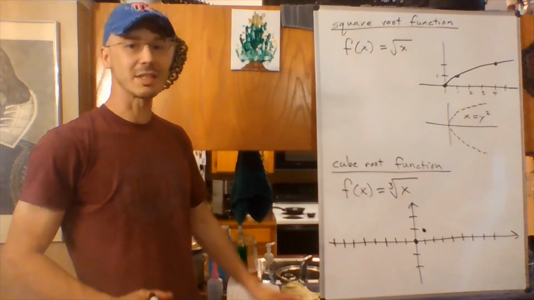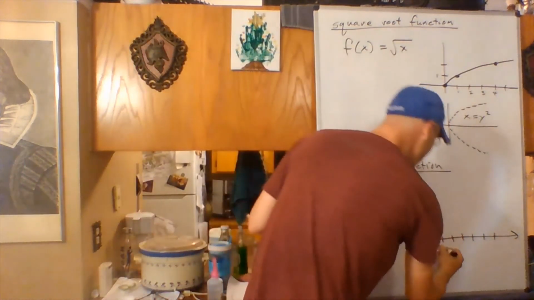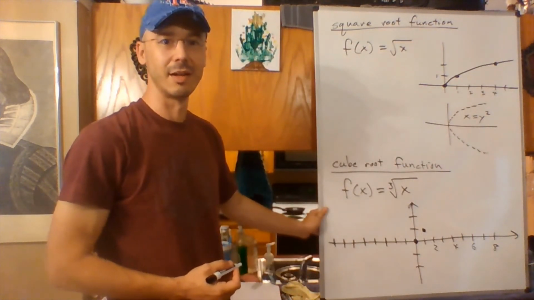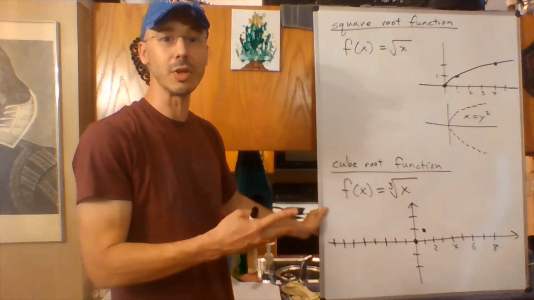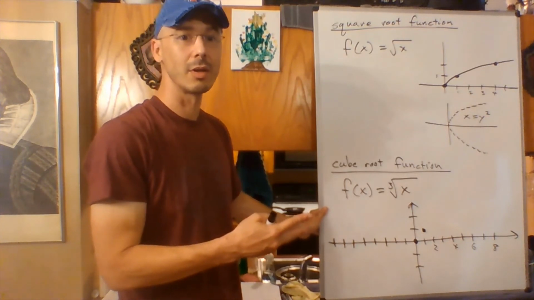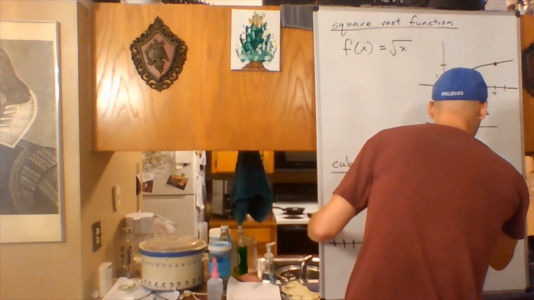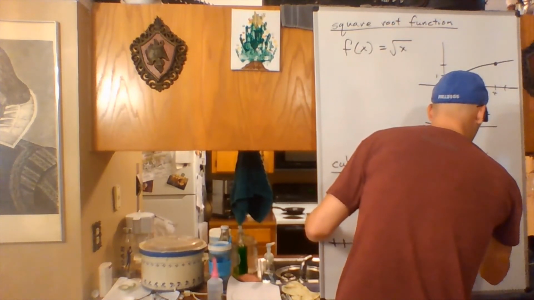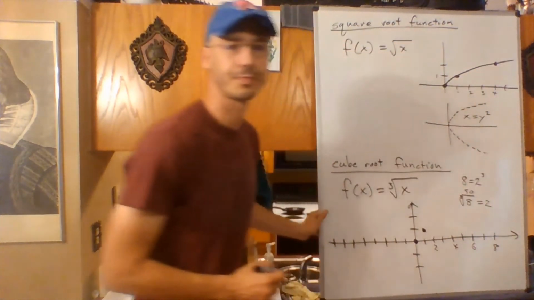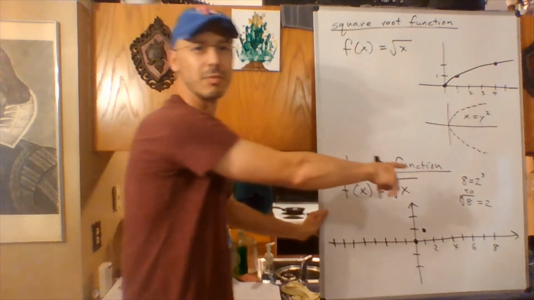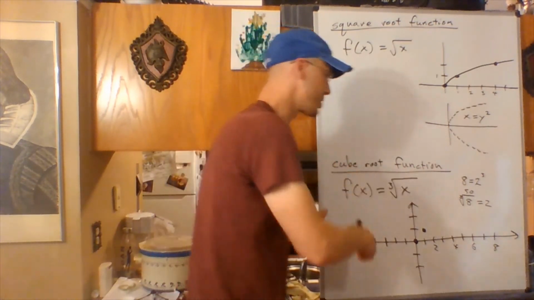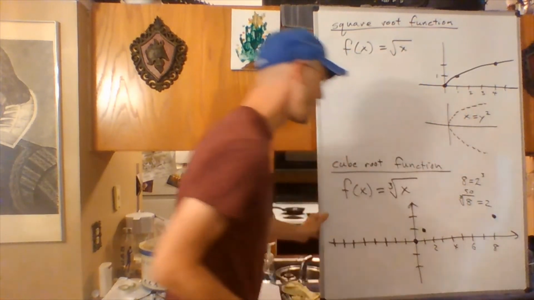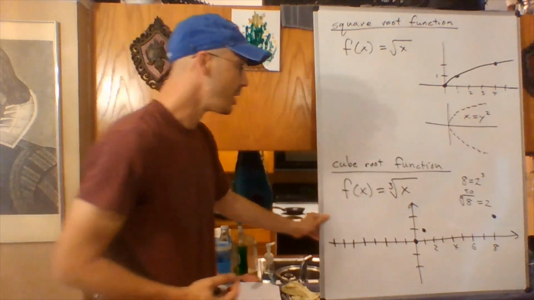And I'm going to skip to the next cube, which is all the way up here at 8. 8 is 2 cubed. So the cube root of 8 is 2. And you can fill in the numbers similarly for that, just if you want to see it written down. The cube root of 8 is 2, so f of 8 is 2.